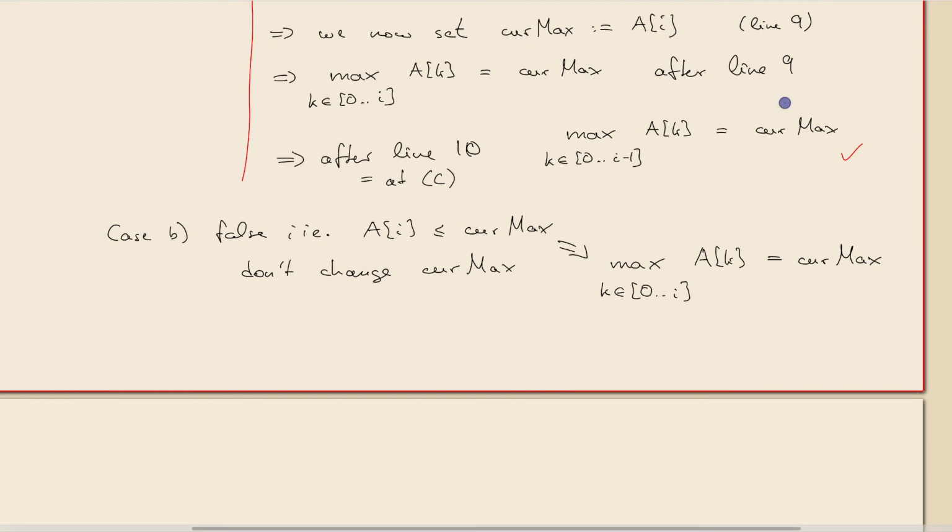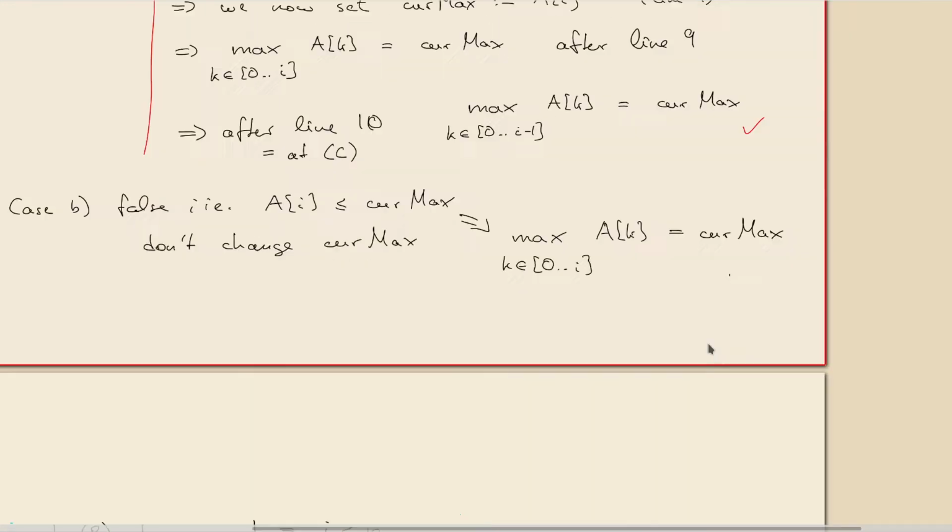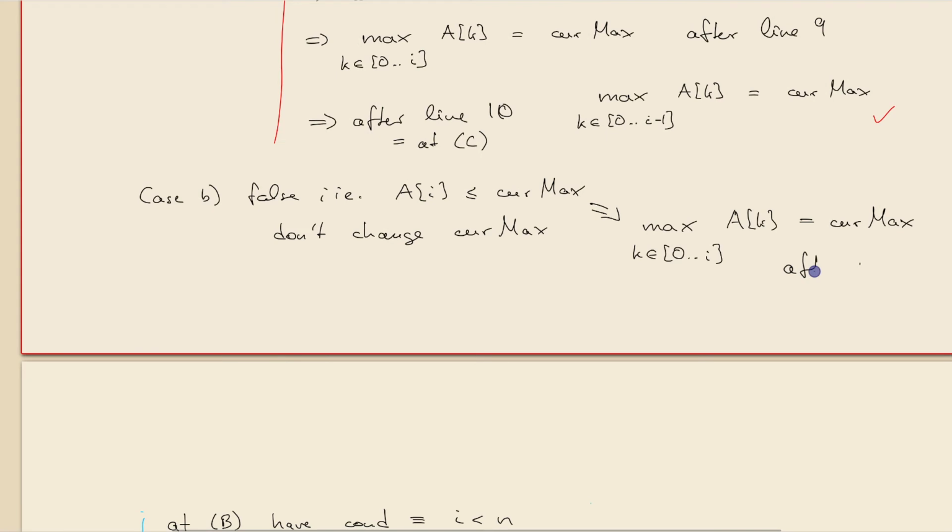And the rest is really by the same arguments. So this is after line 9. And so after we incremented I, we do the same step. Let's say the red I holds.